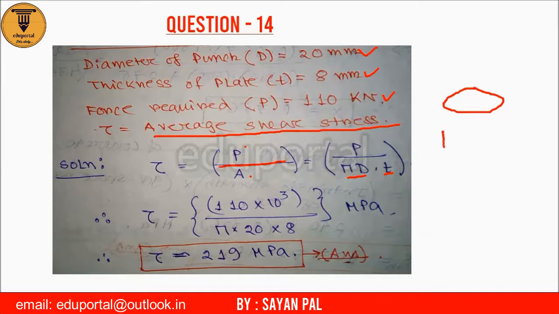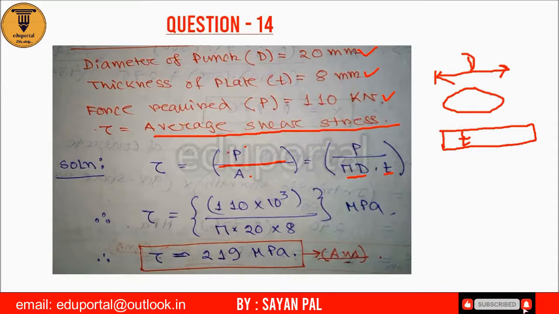If it is the plate, this is the thickness T, and this is the dia of the hole. So if we put the value, that is P is equal to 110 kilonewton, that is 110 into 10 to the power 3 newton, and D is 20, T is 8, we can easily get tau is equal to 219 MPa. That is the average shear stress is equal to 219 MPa.